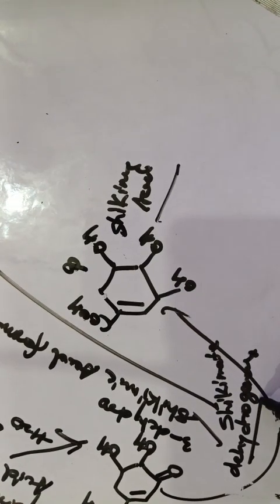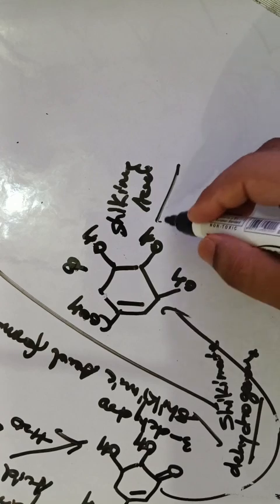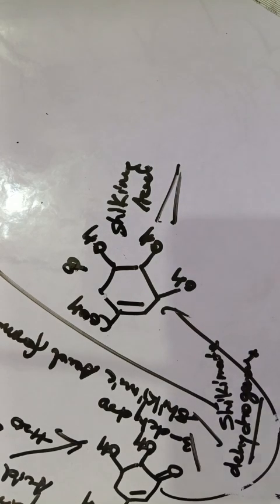This is the enzyme which is used in the formation of shikimic acid from the 3-dehydroshikimic acid. Now, what is happening? This is the shikimic acid.